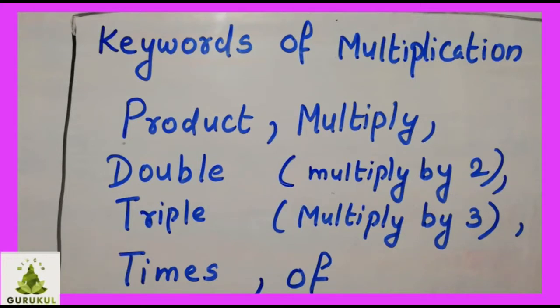If the word triple comes, you have to multiply by 3. The word times, like 4 times 3, means multiply. Of, like 3/4 of 100: the word of also means multiply. Copy down these words.